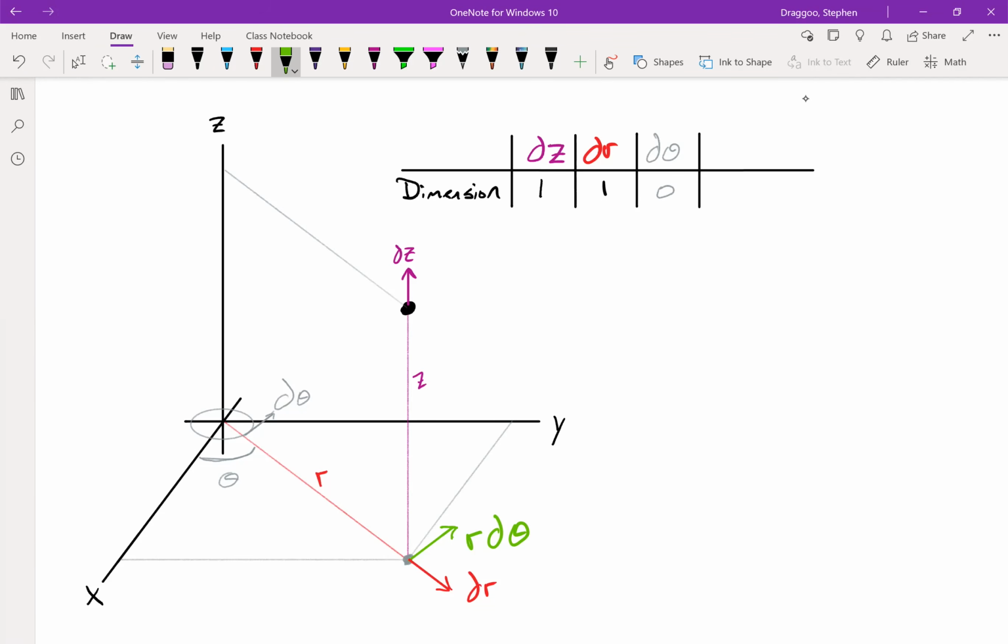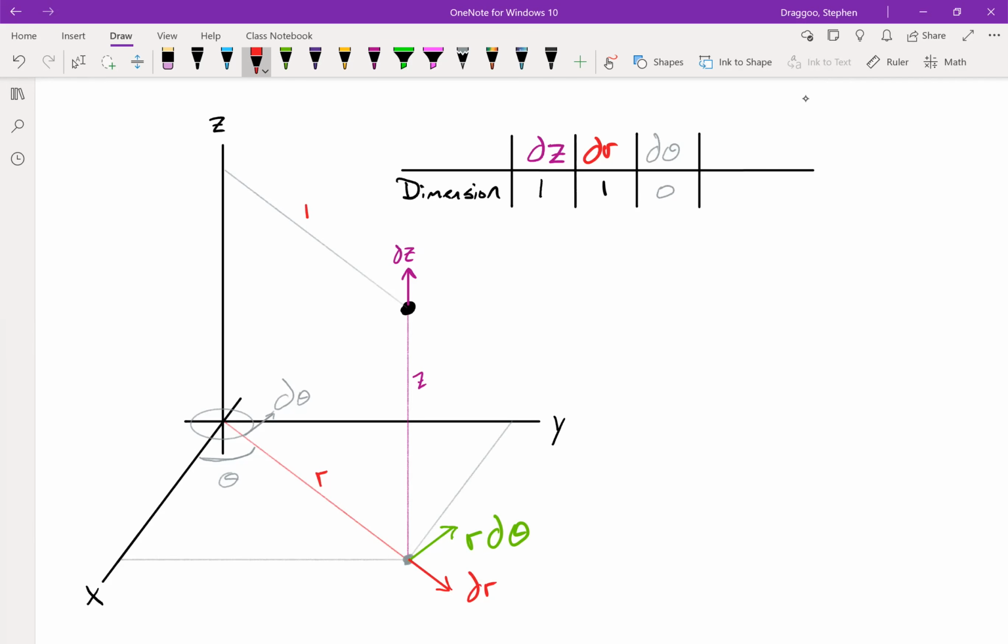So here's the leap from polar to cylindrical coordinates. When we were using polar coordinates, the radius was the distance measured from the origin out to the point, since we were just in a plane. But now that we're in 3 dimensions, that radius r is actually going to be the distance from the z-axis out to our point.